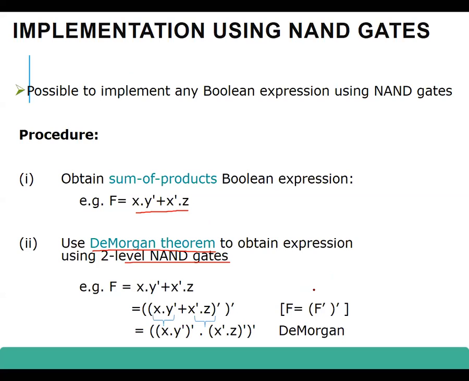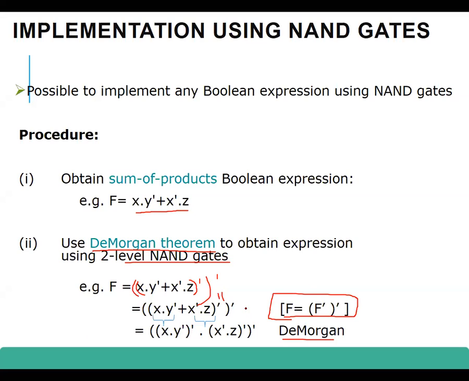So this De Morgan's theorem is really helpful. First you have to consider F equals the complement's complement. Taking the complement's complement does not change the value on the left hand side. So you apply it here, and F equals this value, the complement of the complement of these terms. That's equivalent to this expression here.